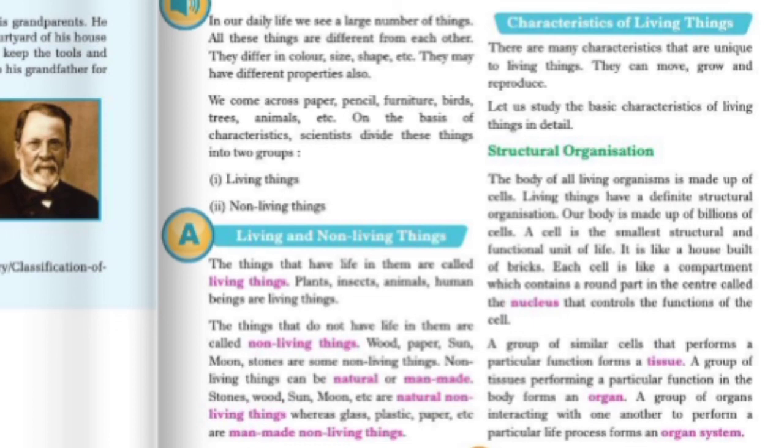So earlier that wood, when it was having life, when it was attached to the plant or the tree, then it was living. But once it got detached from the tree, it became non-living.